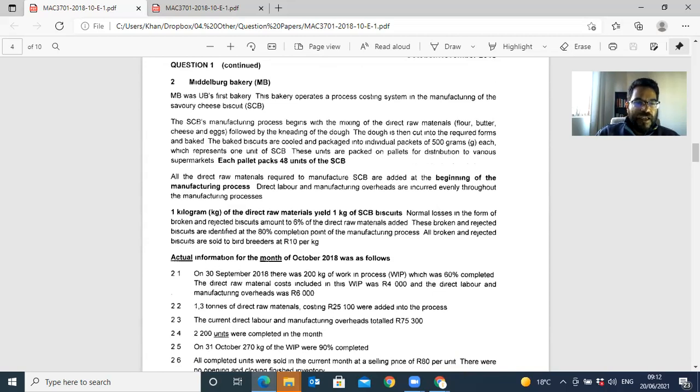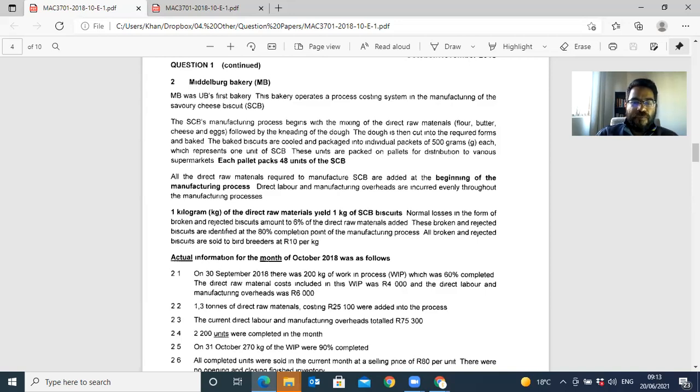The SCB's manufacturing process begins with the mixing of the direct raw materials, which is flour, butter, cheese, and eggs, followed by the kneading of the dough. The dough is then cut into the required forms and baked. The baked biscuits are cooled and packaged into individual packets of 500 grams each, which represents 1 unit of SCB.